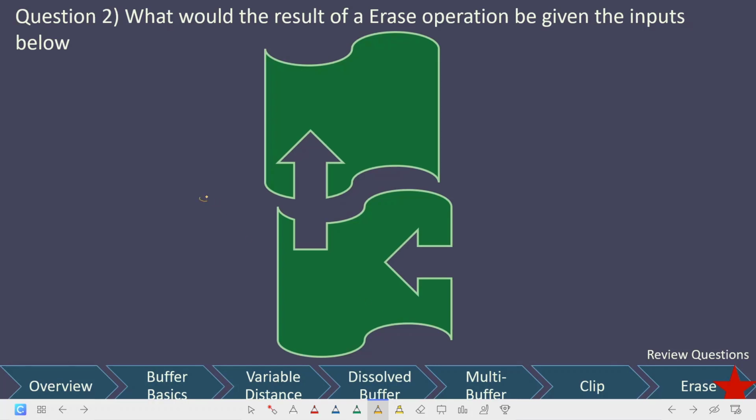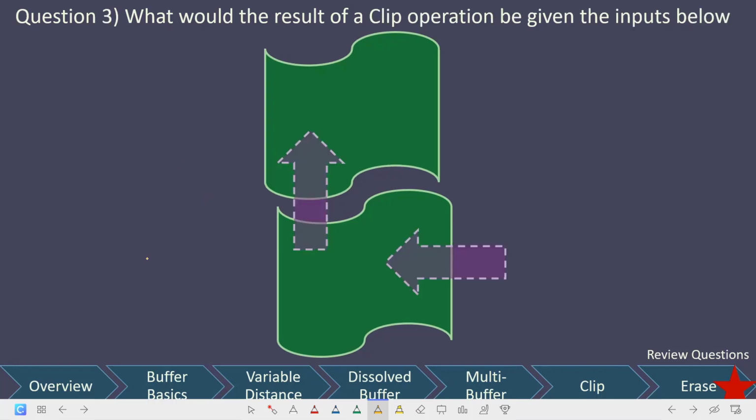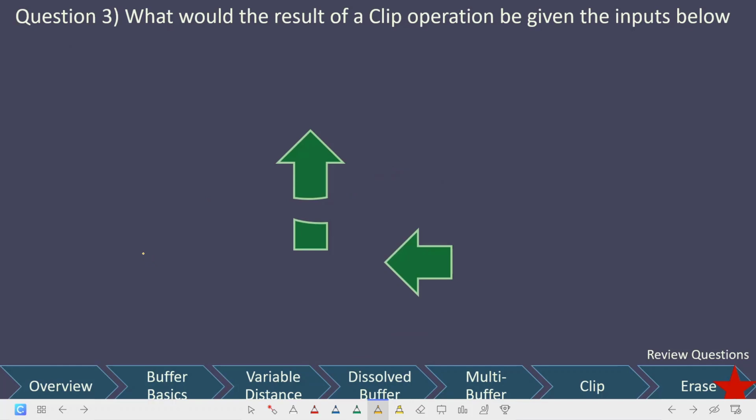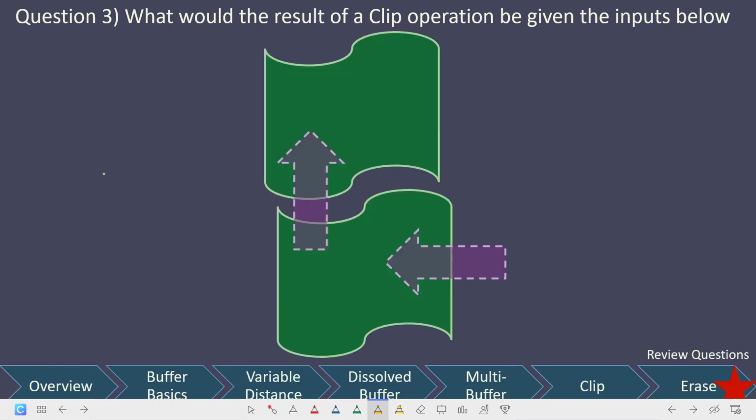Okay, so let's go through one more question here. Oop, gave away the answer there. But let's take the same inputs from question 2. So we have the two sort of wavy pieces here and the two arrows for the, in this case, clip features. So we're dealing with a clip.